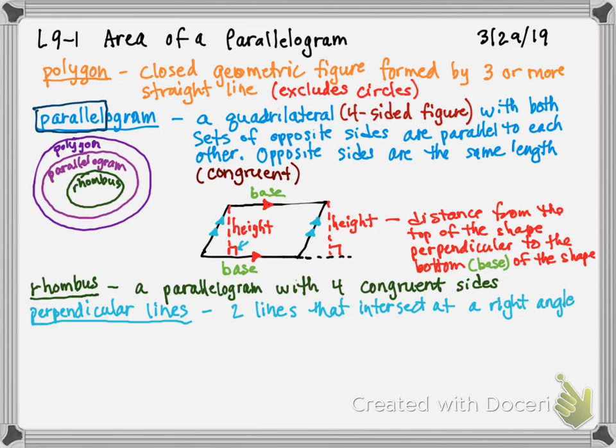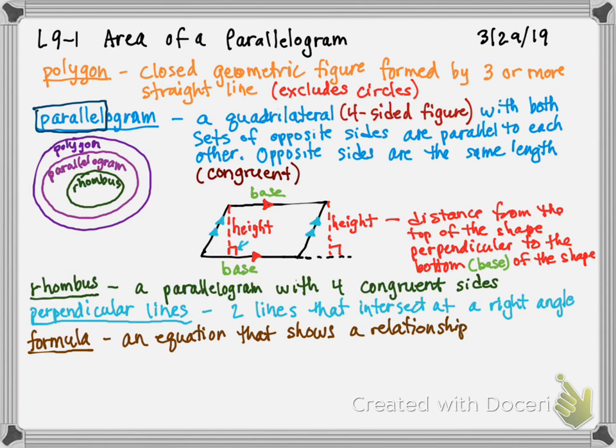Now, what we are going to be talking about is one more thing called a formula. And I think we've probably mentioned formulas before. But the definition of a formula is an equation. So yes, there'll be an equals sign, that shows a relationship between quantities.